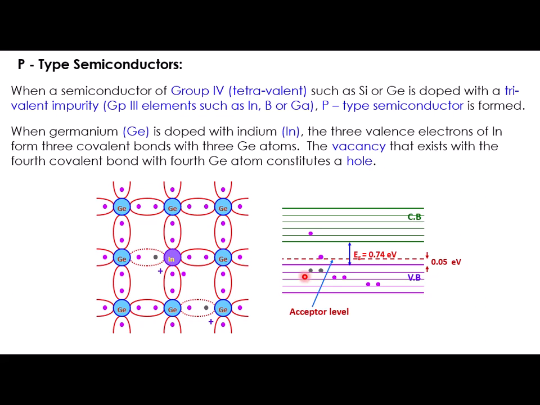Therefore, the number of holes here is more than the number of electrons, because the holes are generated from two reasons. Now, let us have a recap of these things.